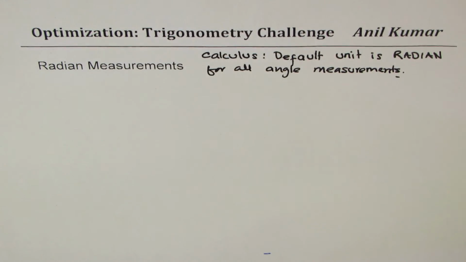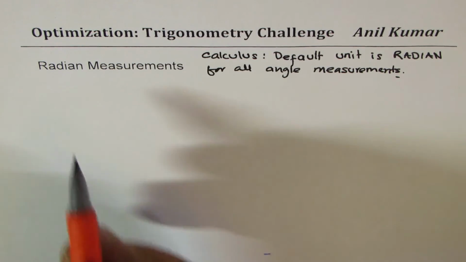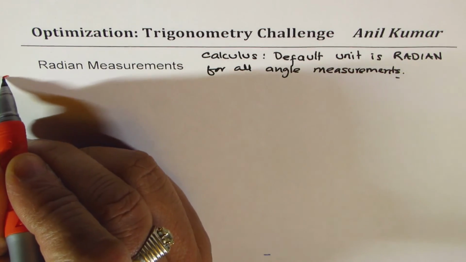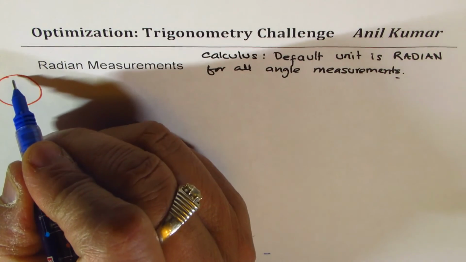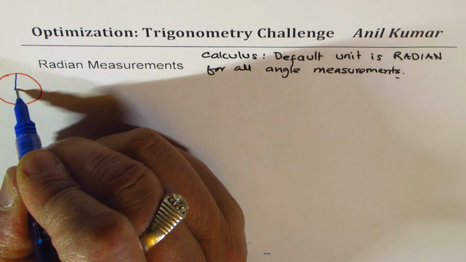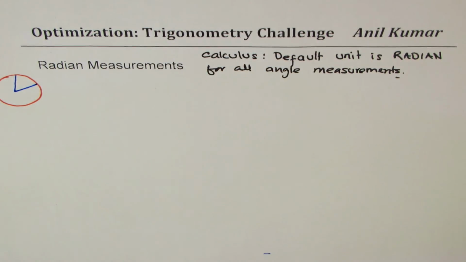Now this is very, very important to understand, right? Now let's try to understand radian as such. If I have a circle, in that circle, I could always relate arc length to the radius and the angle.